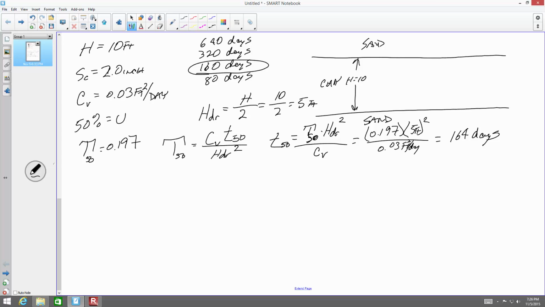The next question in the book is, what is it for T90? It's the same problem. Find the time factor. Where's the extra sets at? Give me an extra set back there.